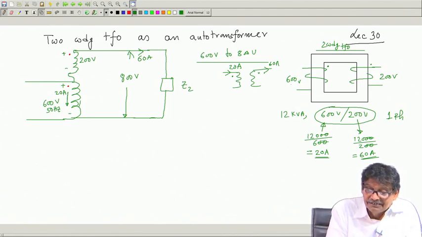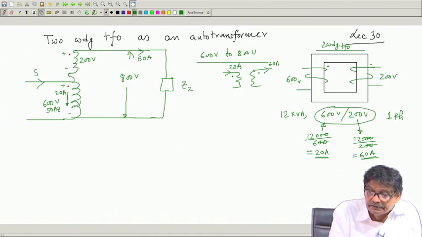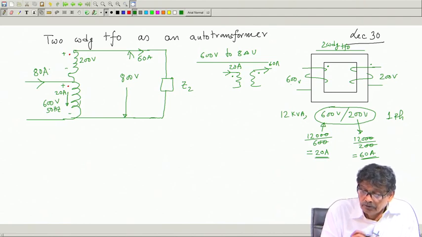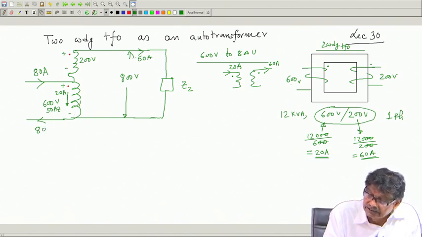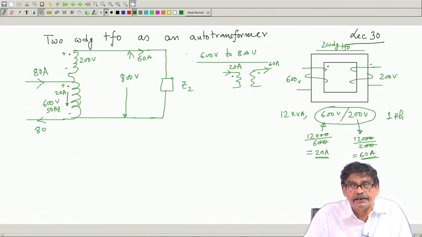Then what is the input current? Input current must be 80 ampere. So, 80 ampere goes there, 20 ampere comes, 60 comes here. So, KCL is satisfied here, there and so on, everything is fine.